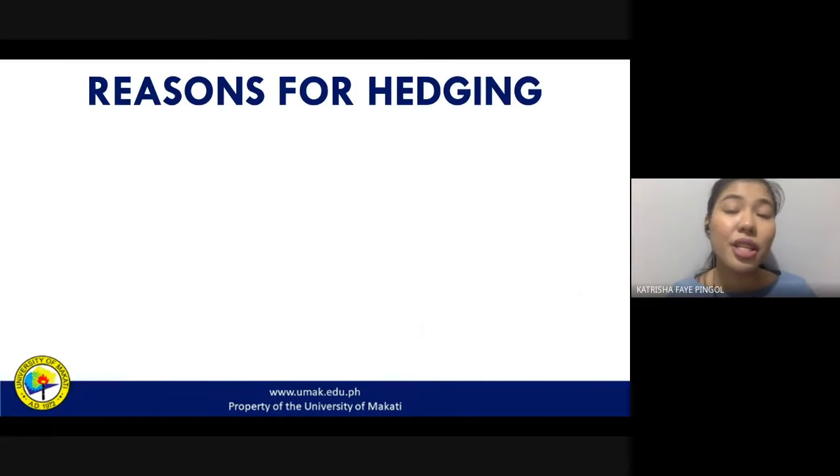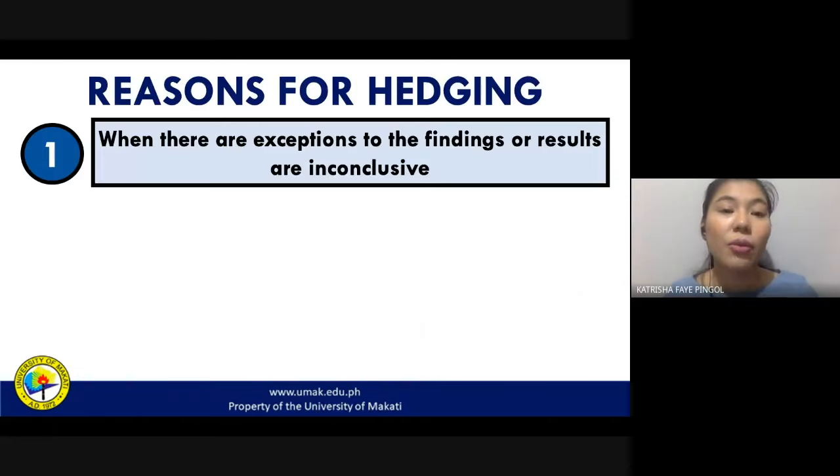There are certain reasons why we use hedging. Sometimes there are exceptions to certain findings or results, or sometimes these results are inconclusive, meaning there is no definite conclusion yet, even after conducting the study, particularly in scientific experiments. So we use hedging for that.